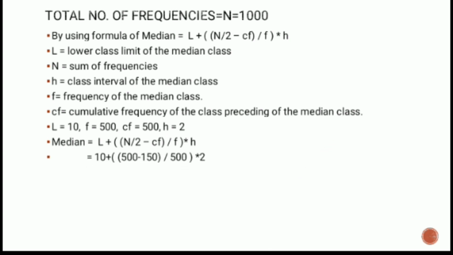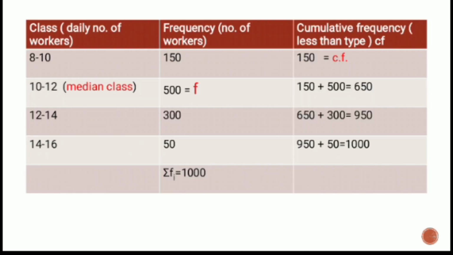Okay guys, one more thing I want to tell you: how to find n by 2. You have to just calculate n by 2. N means your sum of fi, and n by 2 comes as 500.